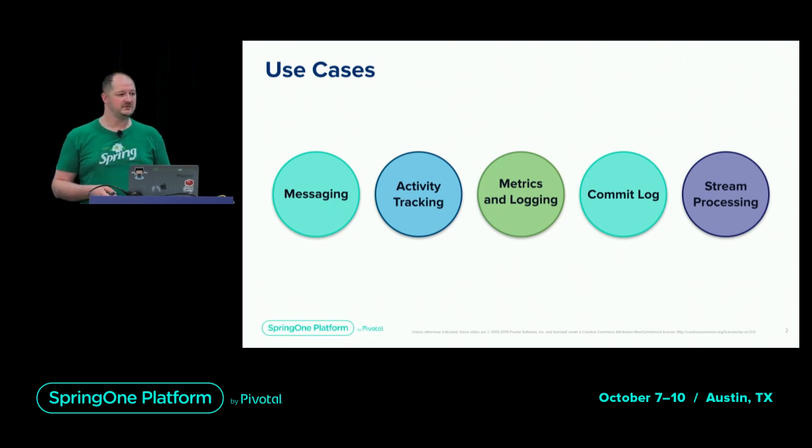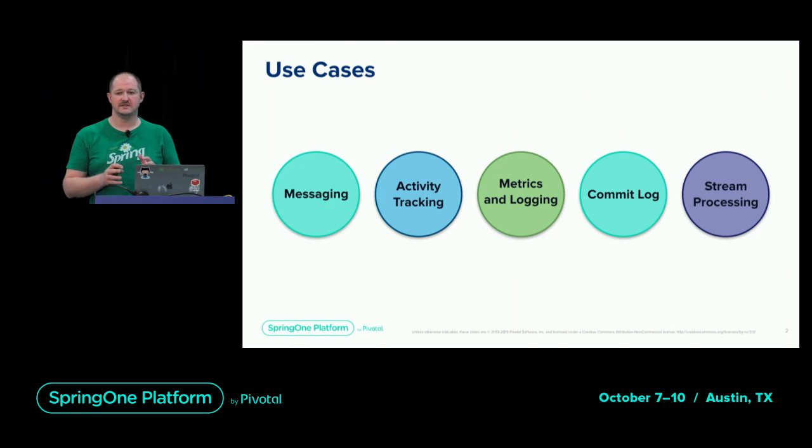You can use streams for metrics and logging to accumulate the data, put it into Redis because Redis is a blazing fast server, and then consume it as you have the capacity. You can use it also like a commit log. So you have captured some state in your application.